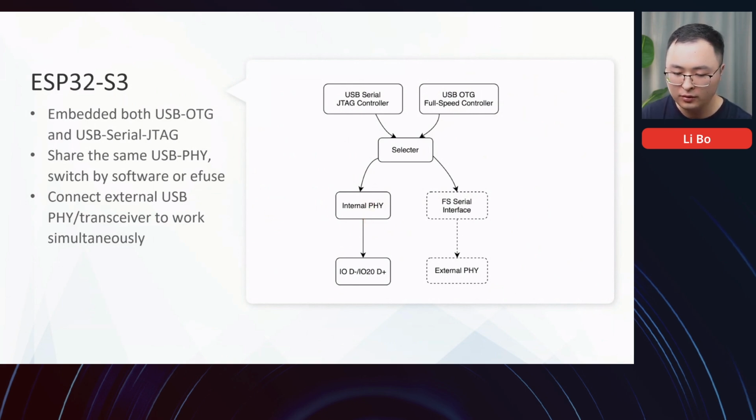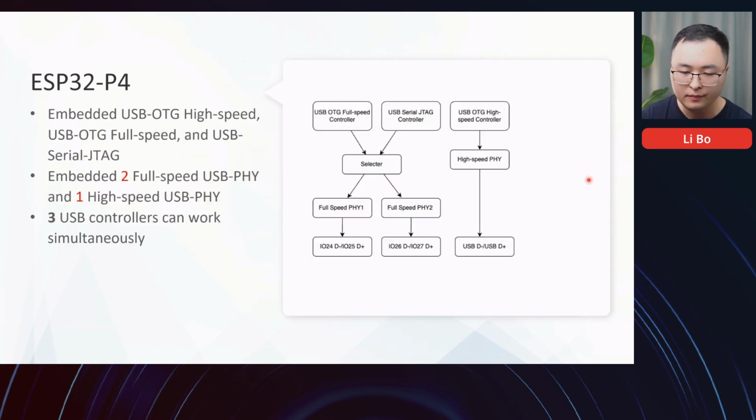So if you want to use both at the same time, you can add an external PHY. But if you select the P4, you can use USB-OTG high speed, full speed, and the USB-Serial-JTAG function at the same time, because each controller has its own PHY.